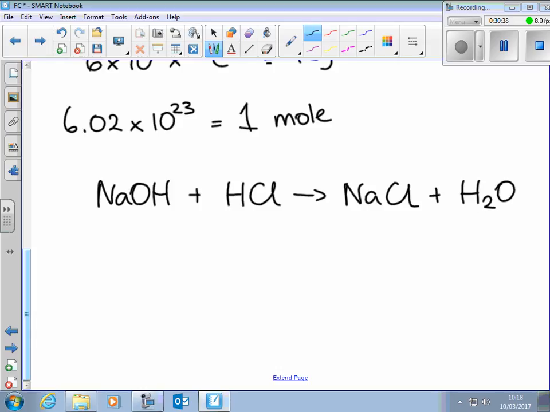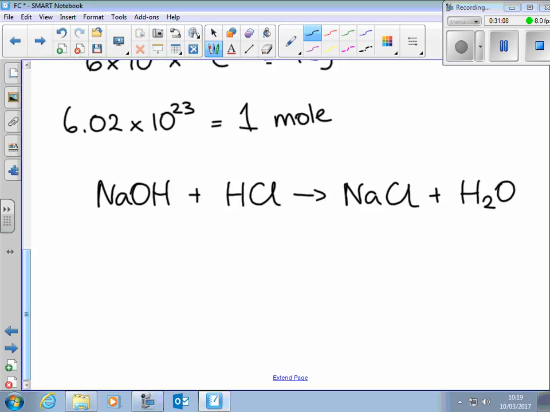And what it appears to be saying is that one molecule of sodium hydroxide will react with one molecule of hydrochloric acid to give us one molecule, even though they don't exist, of sodium chloride, and one molecule of water. But of course you could scale that up. You could double it all the way through and it still says the same thing. You could have 2 plus 2 gives 2 plus 2. But of course what it's also saying is 1 mole reacts with 1 mole to give 1 mole and 1 mole.